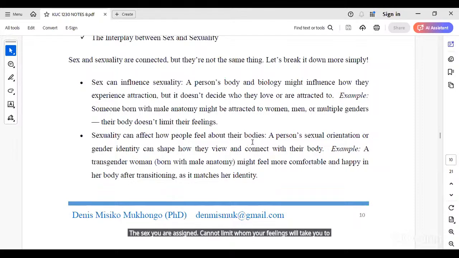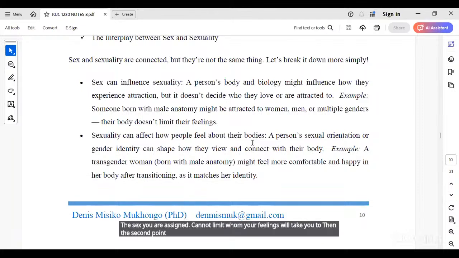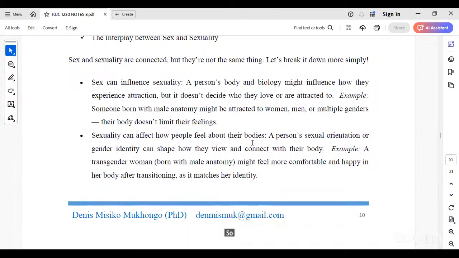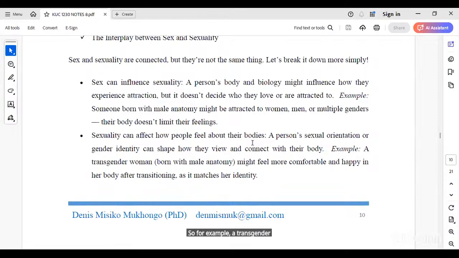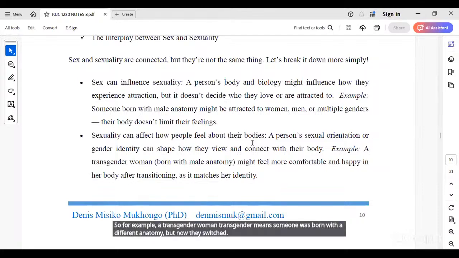Then the second point under the connection between sex and sexuality is sexuality can affect how people feel about their bodies. So a person's sexual orientation or gender identity can shape how they view and connect with their body. So for example, a transgender woman, transgender means someone was born with a different anatomy, but now they switched. Okay.